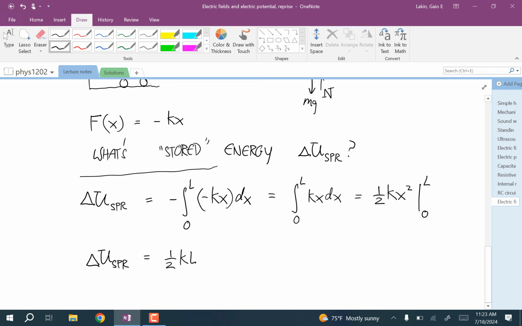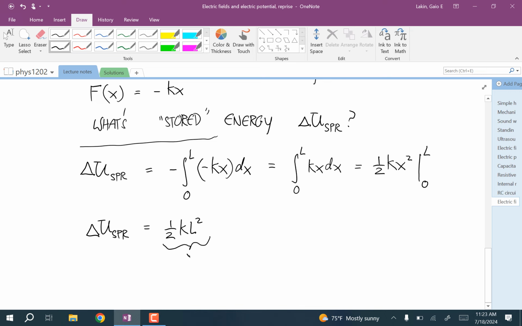And again, that's the stored energy that we get from deforming this spring.